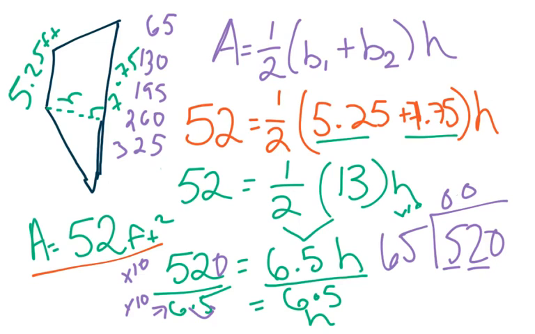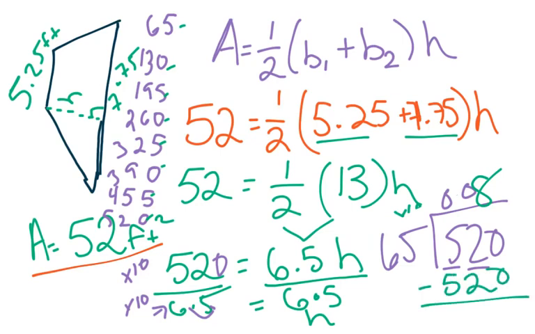Plus another 65 is going to be 390. Plus another 65 is going to be 455. Plus another 65 is going to be 520. Oh, hey, right there. Okay, this is 1, 2, 3, 4, 5, 6, 7, 8. All right, 65, if you have 8 groups of it, equals 520. That leaves you with a remainder of 0.